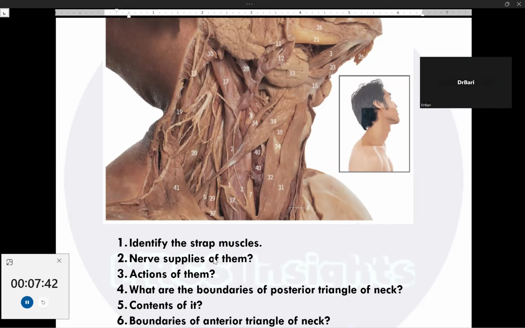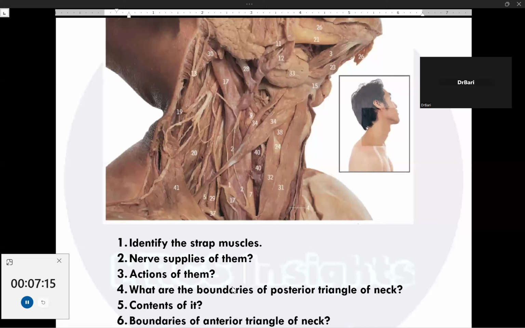All the muscles are supplied by the ansa cervicalis, except thyrohyoid, which is supplied only by the C1 root. Okay. Now tell me the actions of the infrahyoid muscles. Contraction of the infrahyoid muscles causes a downward descent of the hyoid bone.